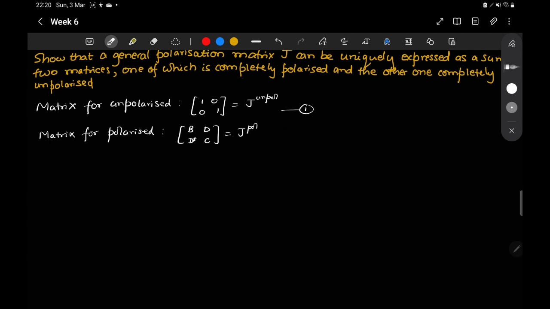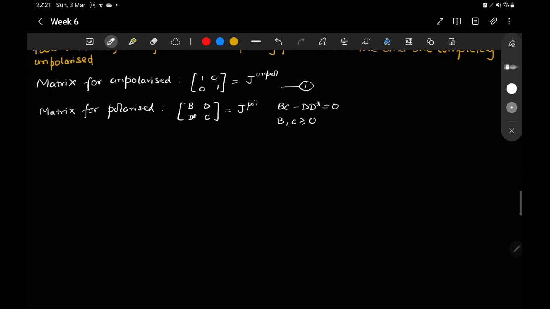This is the matrix for polarized, and for this the determinant is 0, and B and C are greater than or equal to 0. That means trace is positive.